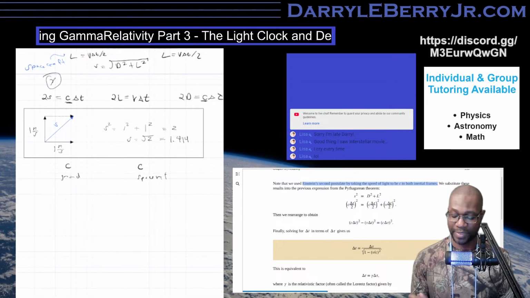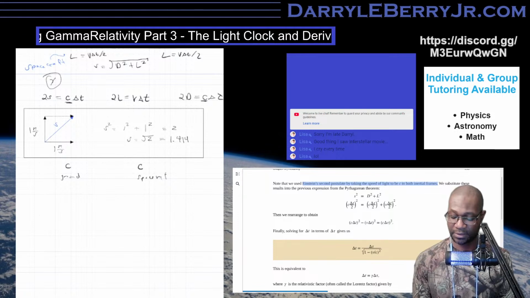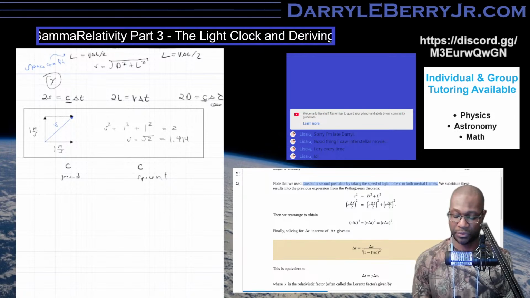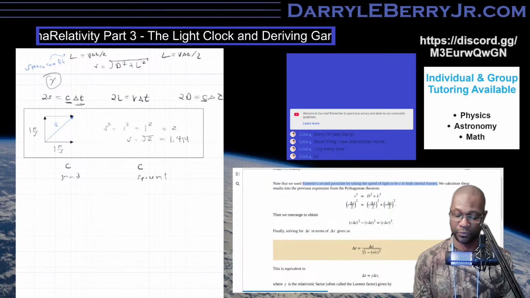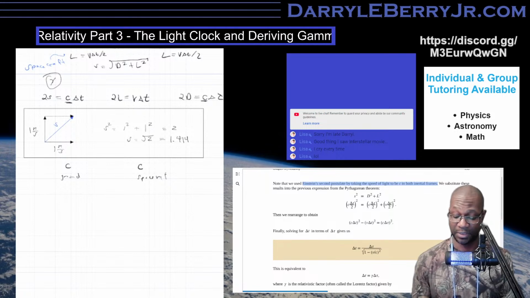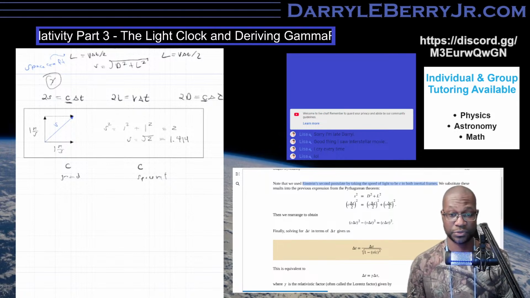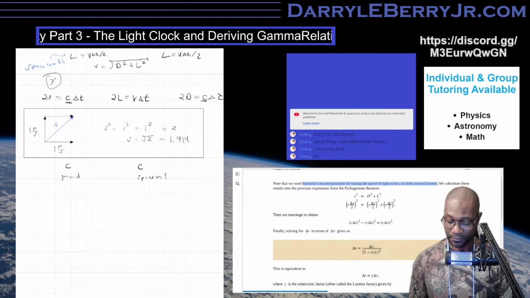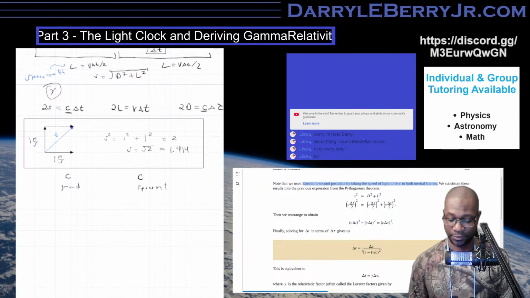Thus we have tau, the change in time for the person on the spacecraft in proper time, and t for the person on the ground in time dilated time. We're going to use these three equations to solve for gamma. So let's take a look at how they do it.